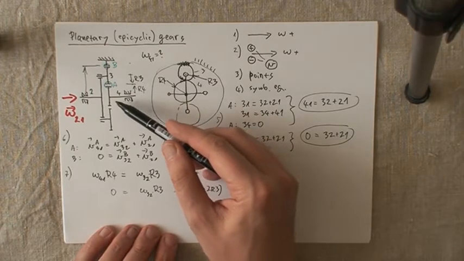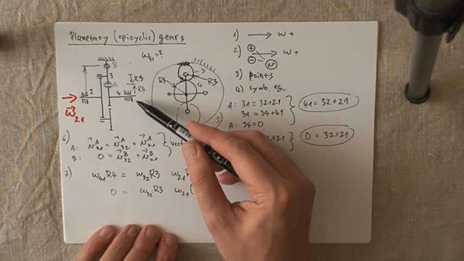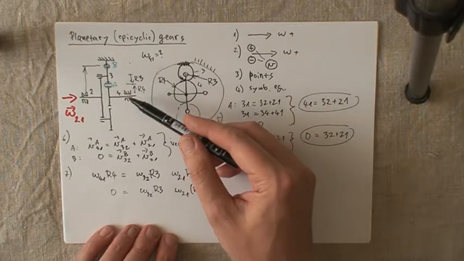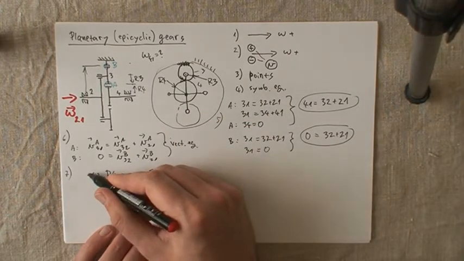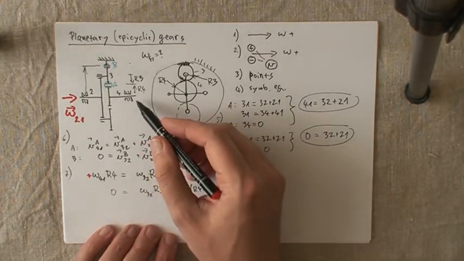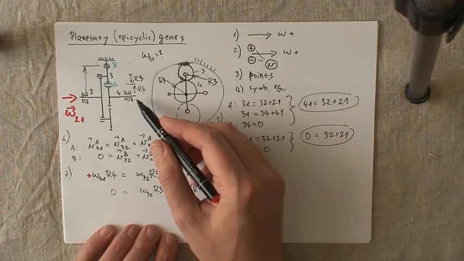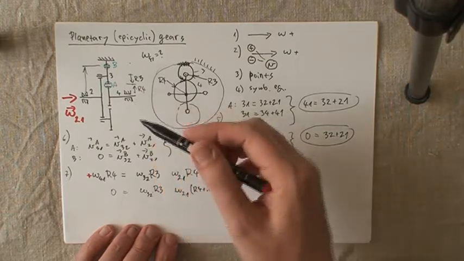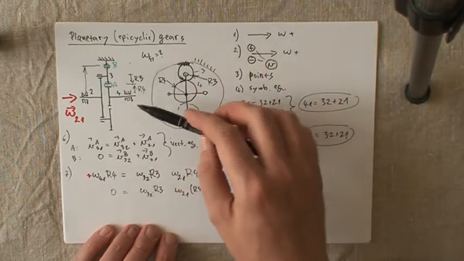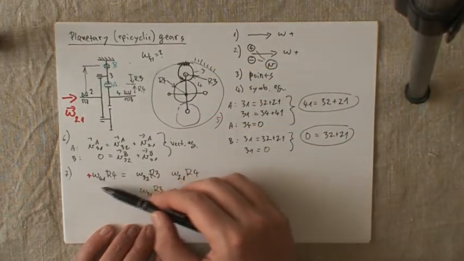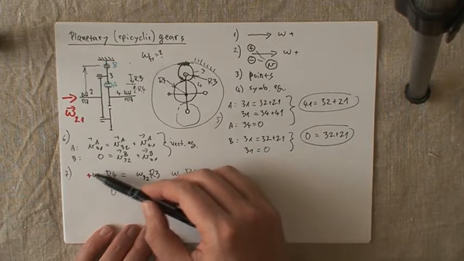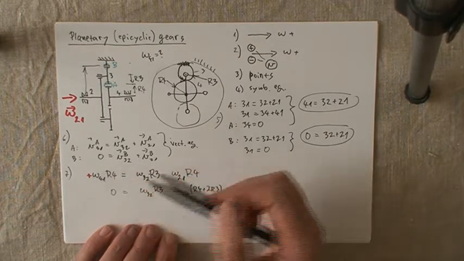So if we don't know, we expect that omega to be positive. So unknown omegas are expected to be positive. If they are going in the other direction, they will numerically give you a negative number at the end.